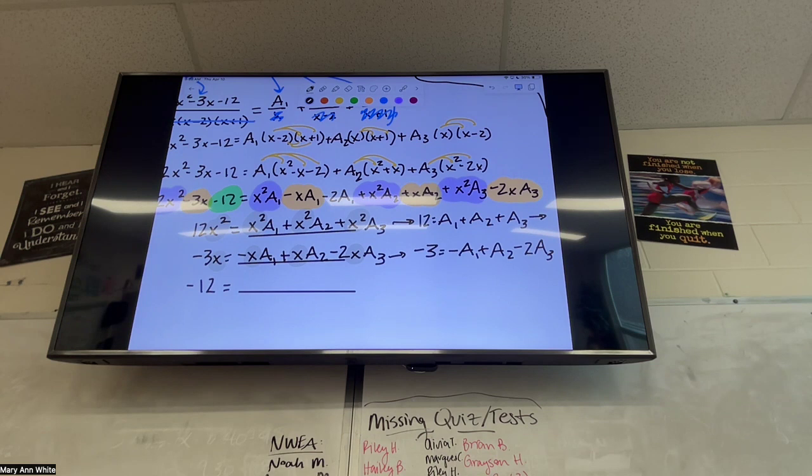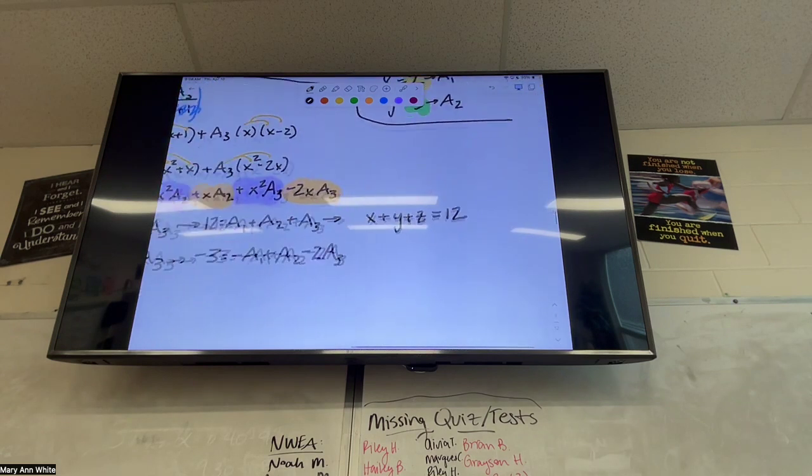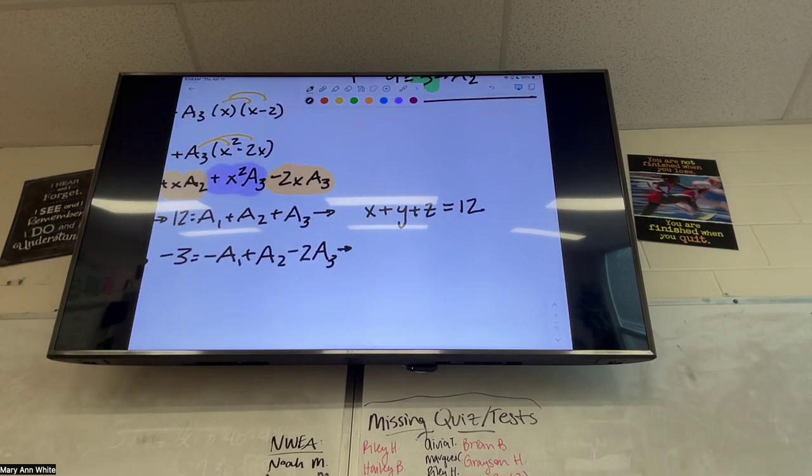On that top equation, I just got rid of all my x squares, everything else stayed. On that second equation, I got rid of all my x's, everything else stayed. And then if I want to go one more step to make this look nice, I'm going to write, instead of a sub 1, x. I'm going to write negative x. Instead of a sub 2, I'll write y. And instead of a sub 3, I'm going to write 2z, negative 2z. And then I'll put that negative 3 on the opposite side.